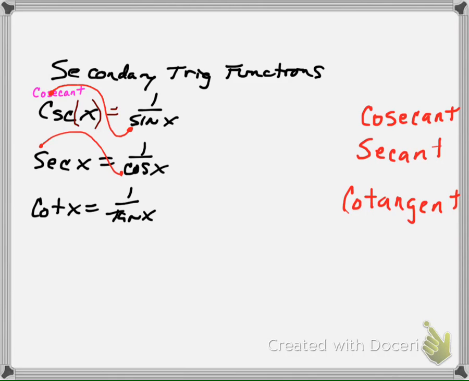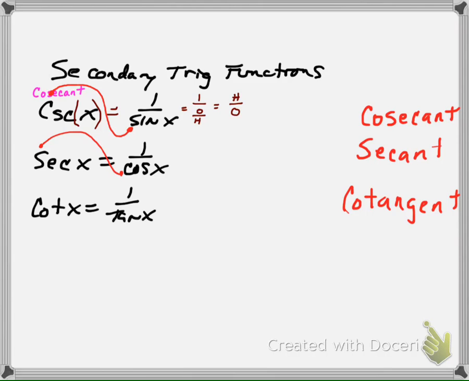Now, speaking of SOHCAHTOA type stuff, as we know, sine is opposite over hypotenuse. And if we take 1 over opposite over hypotenuse, that is simply hypotenuse over opposite.